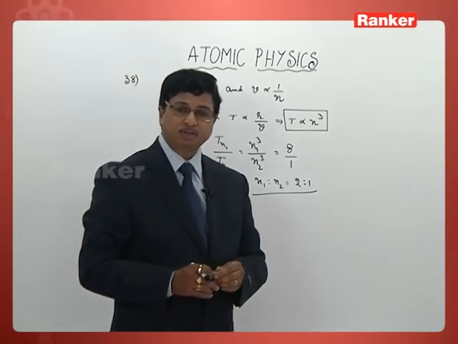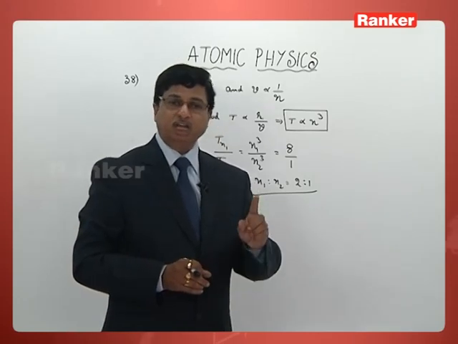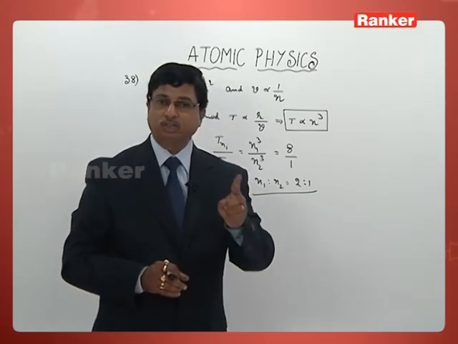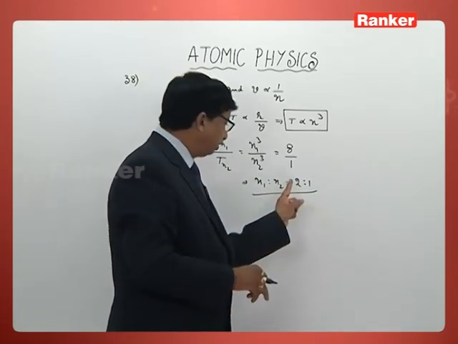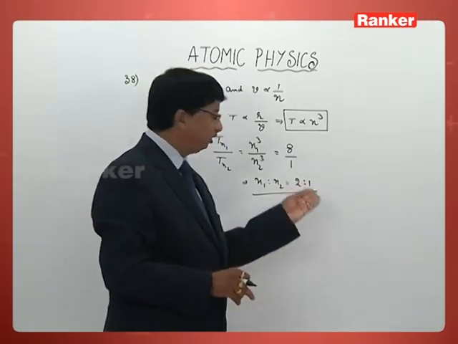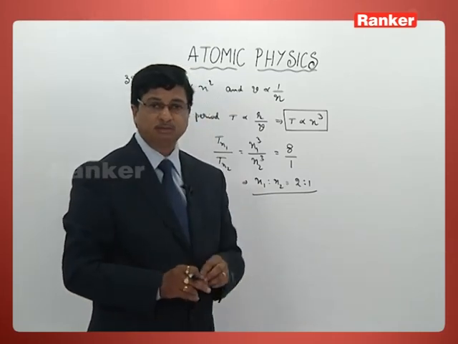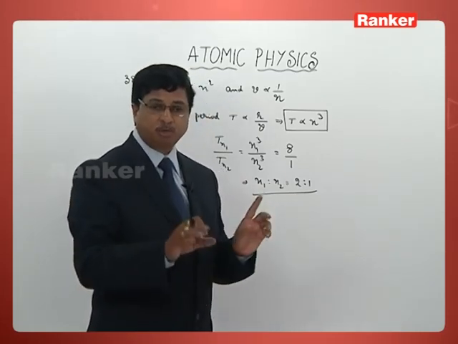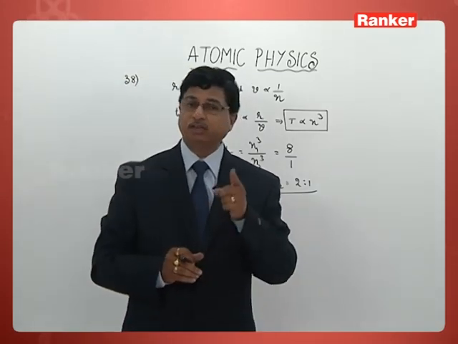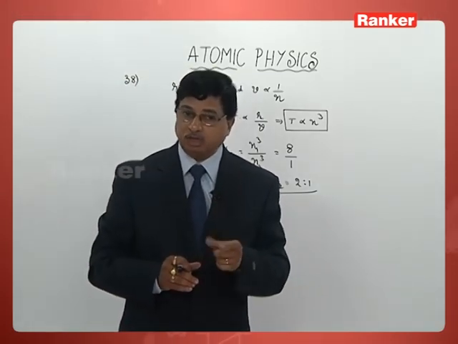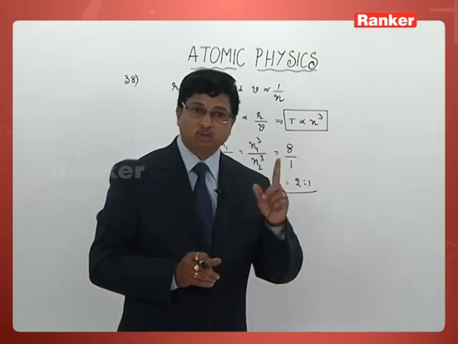Second option, n1 is 6 and n2 is 2. What is the ratio according to that? It should be 3:1. But here we need 2:1. So the second option is not correct again. That is giving n1:n2 as 3:1, whereas here it should be simply 2:1.